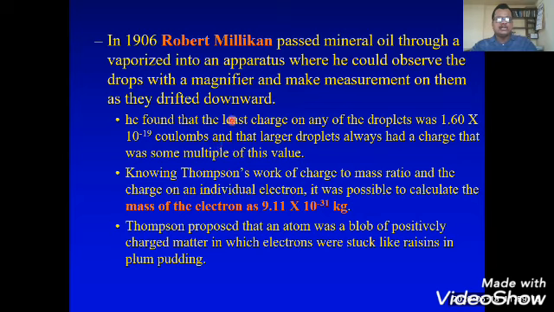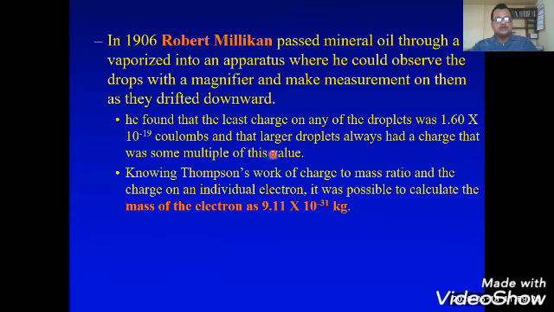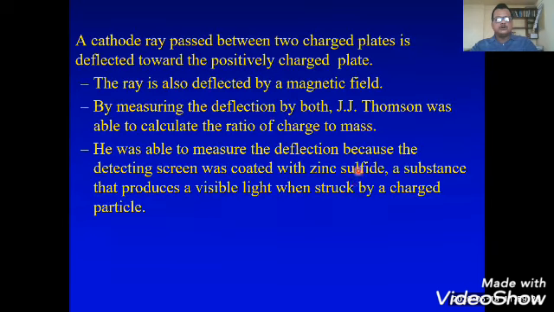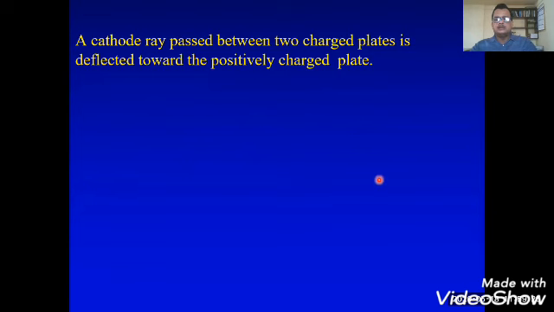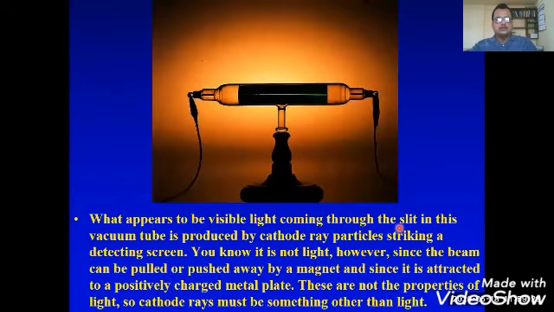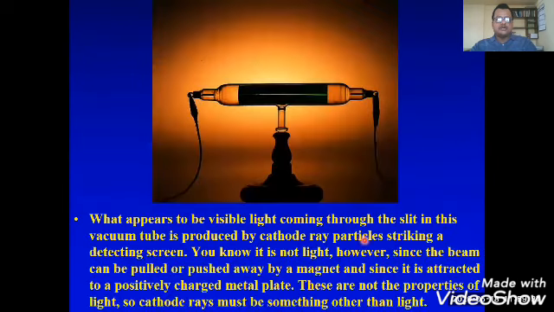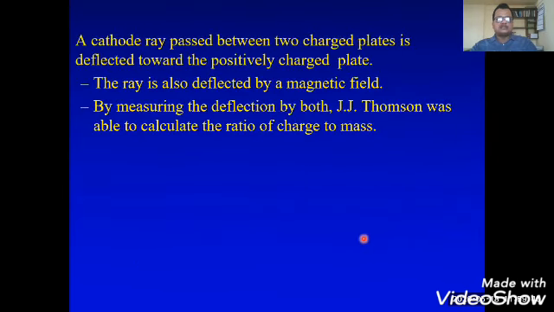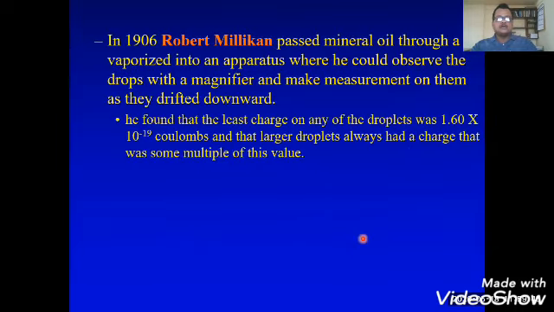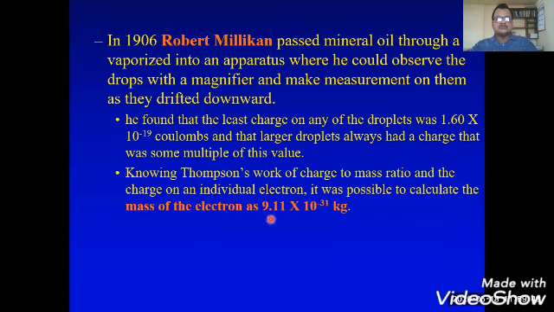The e by m ratio was 1.7584 into 10 to the power of 11 coulomb per kg, and so the mass of the electron could be calculated. The mass of the electron was found to be, precisely, 9.106 into 10 to the power of minus 31 kg.